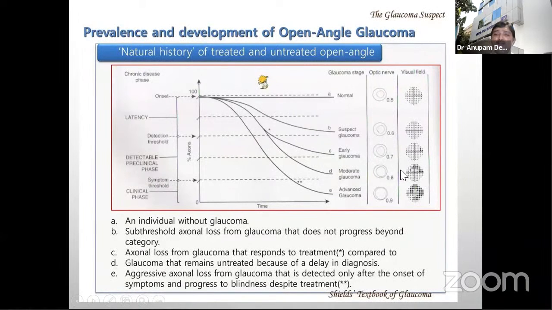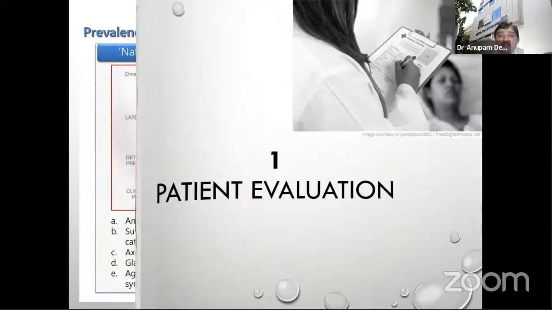It's easy to detect somewhere here, but our goal is to detect the patients here, who are glaucoma suspects, which would be the best thing to happen, or sometimes in early glaucoma, where there is a mild defect and you still catch them earlier and treat them. Basically, you need to catch them at these points and treat them so that there is no progression and their visual acuity and visual field remain stable.